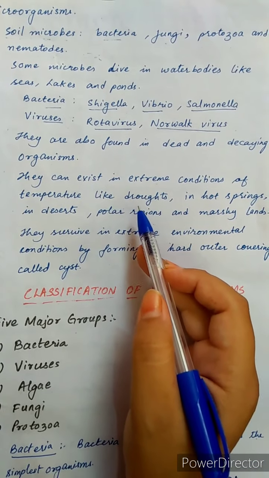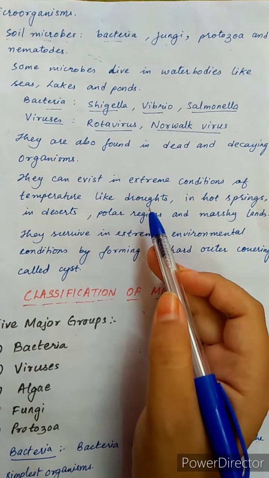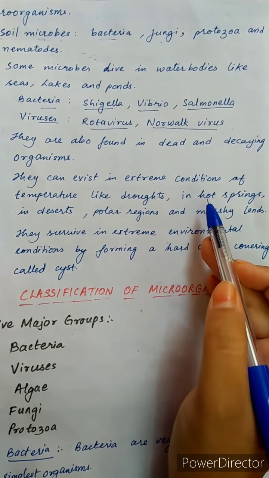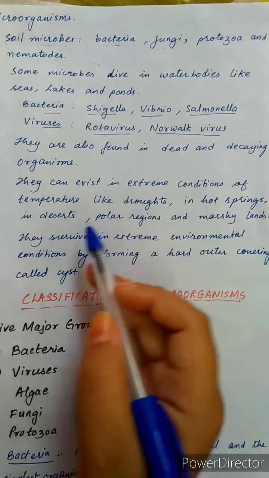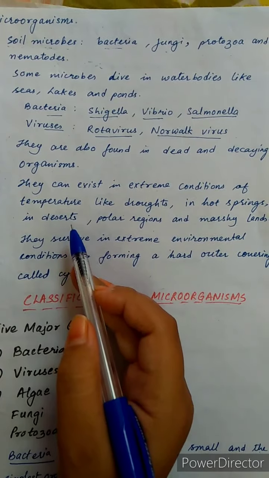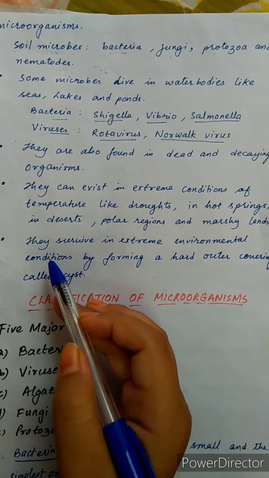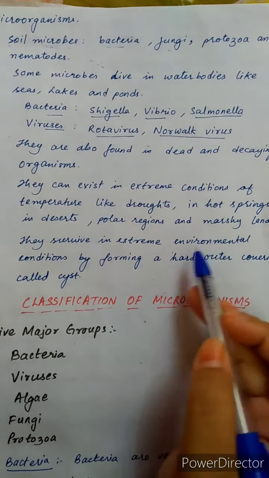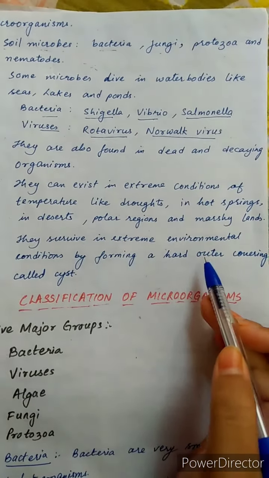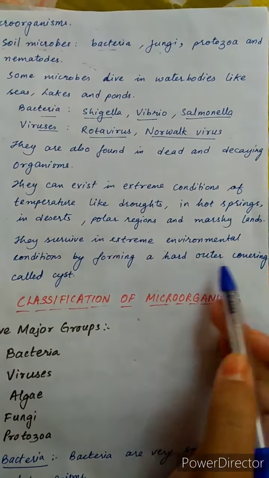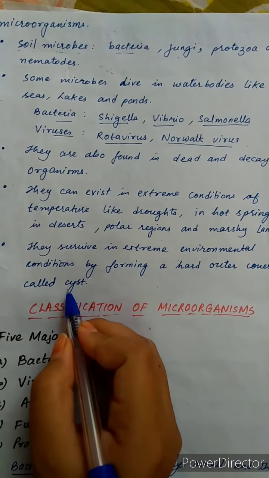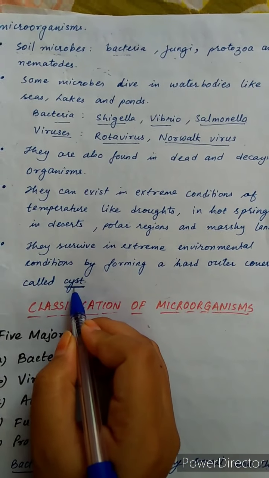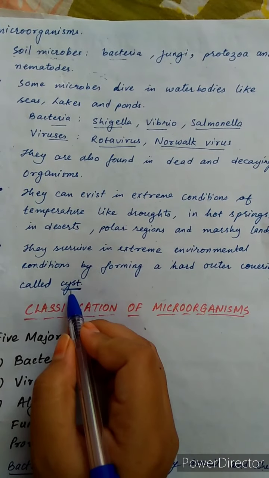In droughts means where water scarcity is there, and hot springs, hot summer seasons, and in deserts also they are present. Now they survive in extreme environmental conditions by forming a hard outer covering called cyst. This is a hard outer covering of the organisms.